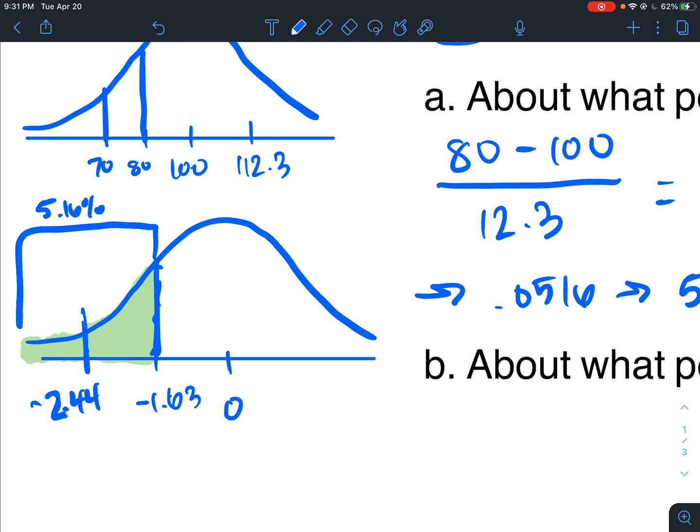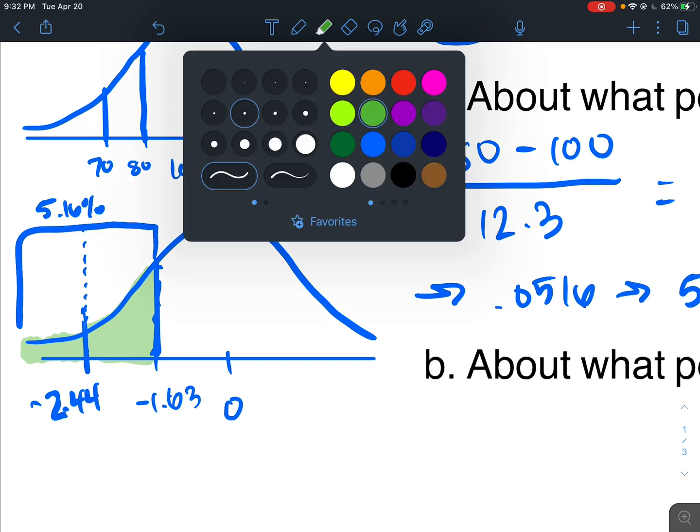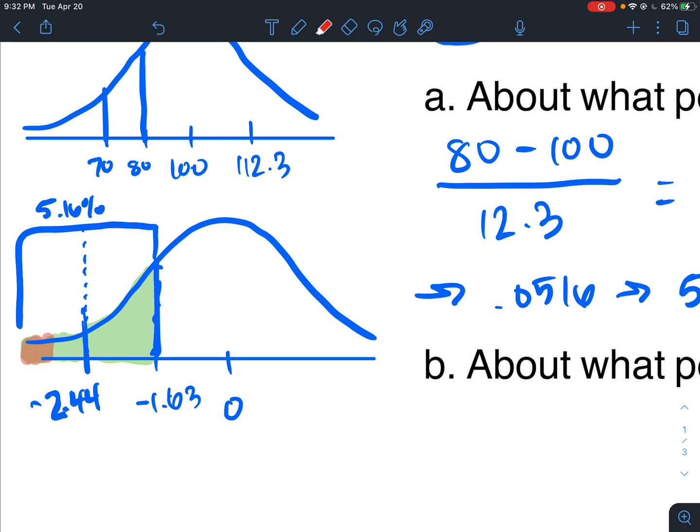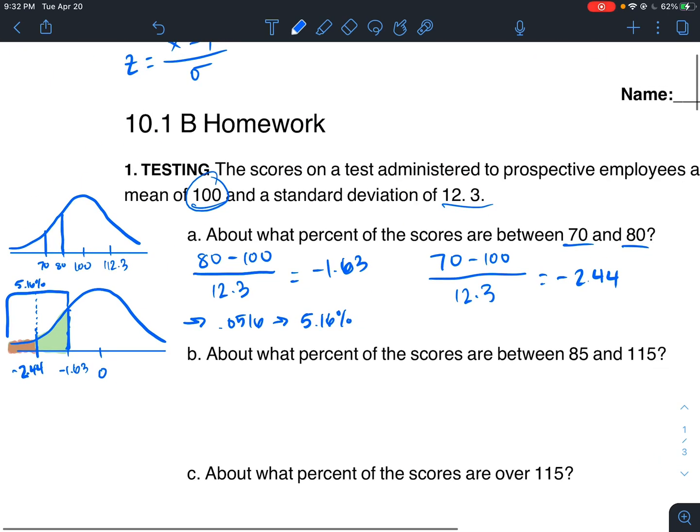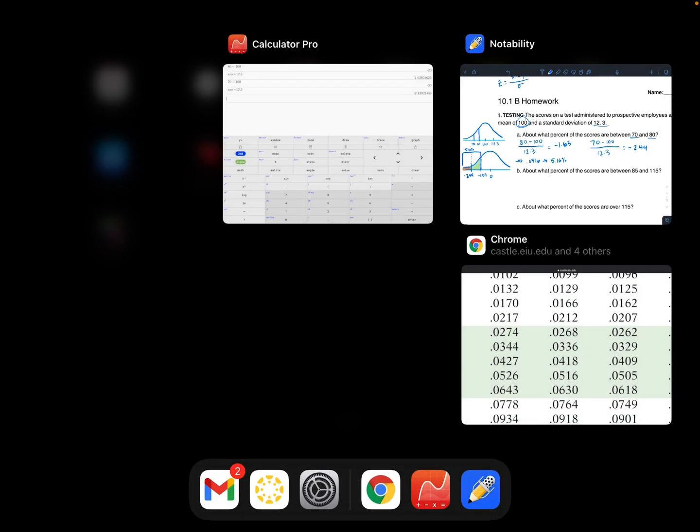But I'm not interested in that. I'm interested right here, the area under the curve right here. So what I have to do now is subtract away this area right here. And this area right here is the area under the curve at negative 2.44. So let's find the area under the curve for negative 2.44.